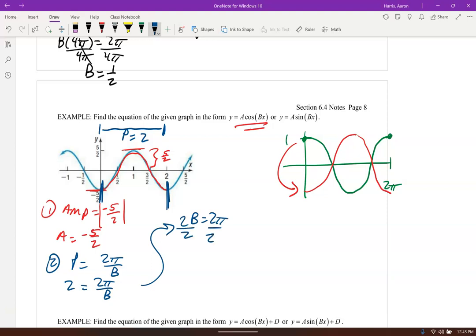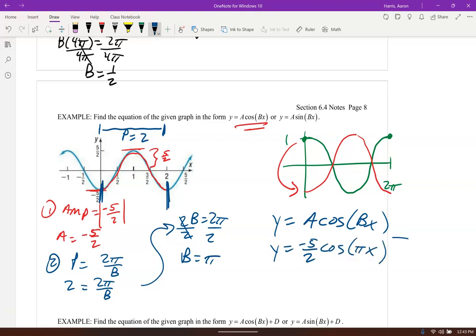Now let me divide both sides, so my b is pi. So here's what we got: A cosine bx, my A is negative 5 halves. I flipped it over and have an amplitude of 5 halves, and my b is pi. So negative 5 halves cosine of pi x.